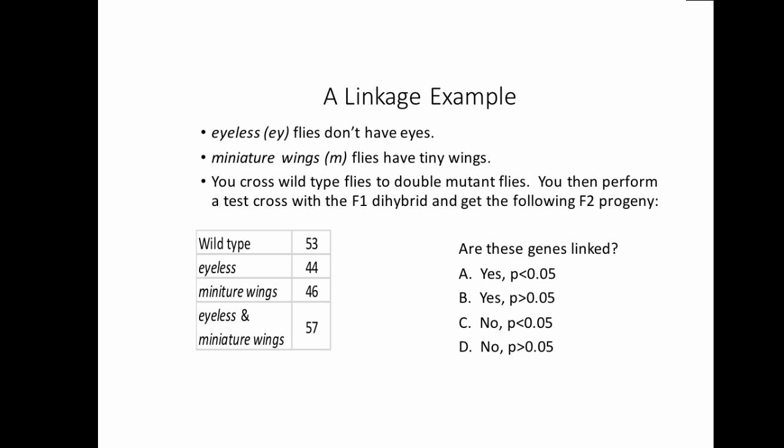Based on our data, we had a p-value that is greater than 0.05. In fact, our p-value was actually greater than 0.5. And so what that tells us then is that we would accept the null hypothesis that the genes are unlinked, in which case we would reject our alternative hypothesis that the genes are linked.